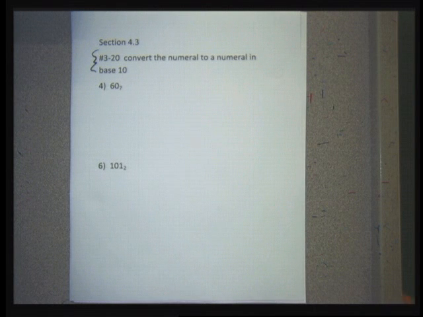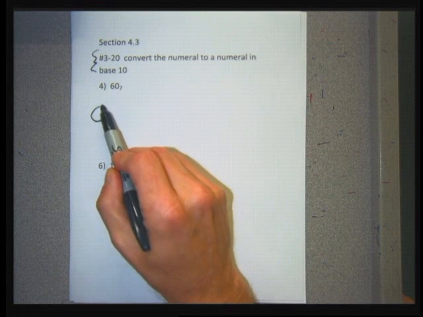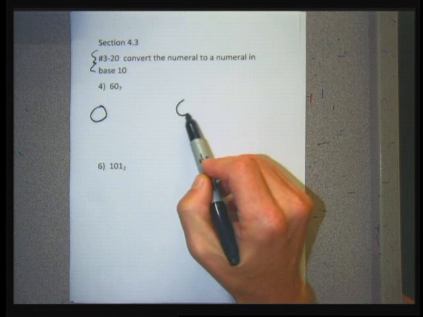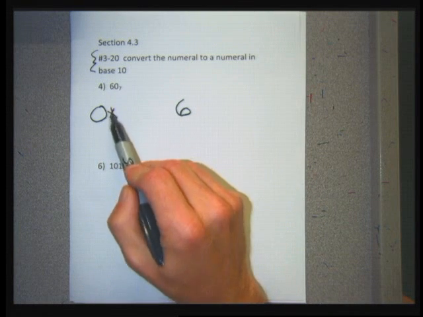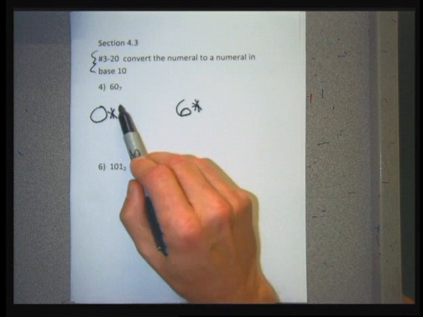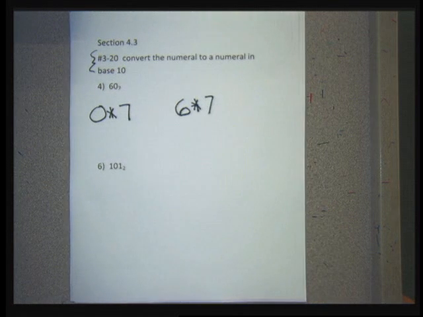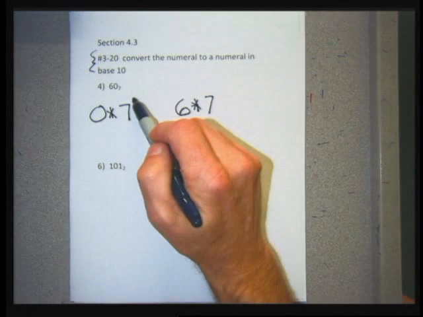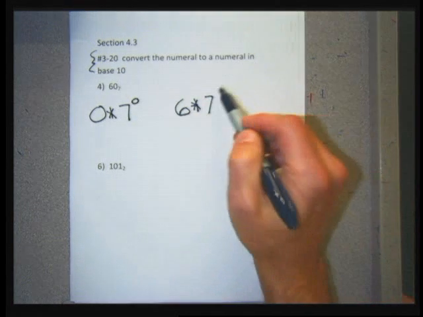To convert any number from one base to another base, we write the number in reverse. So I'm going to write a 0, and then a 6, and then next to each of the numbers written in reverse, I write a times sign, and next to that times sign, I put the base, and I put an exponent with the base starting at 0 and incrementing up.